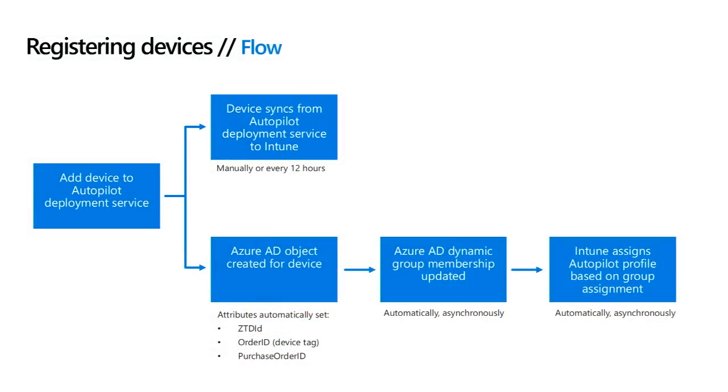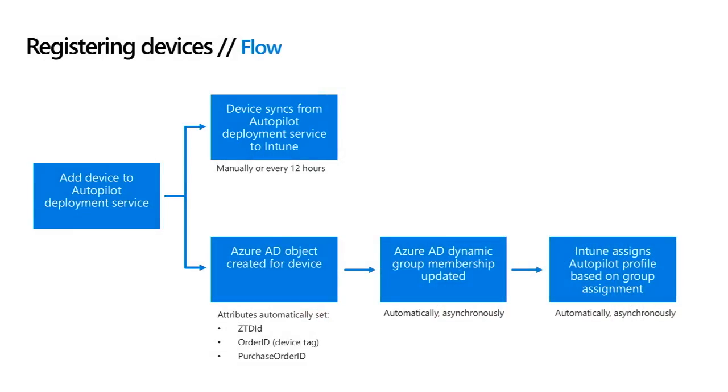So as soon as a device is registered into Autopilot, an AAD object is already pre-created for that machine. With that pre-created object, which has attributes like the ZTD ID, order ID, and the purchase order ID, you can create AAD dynamic groups to include those devices, and then you can create and assign an Autopilot profile to those groups. And that's all of the background that you need to do to set up those devices for Autopilot.